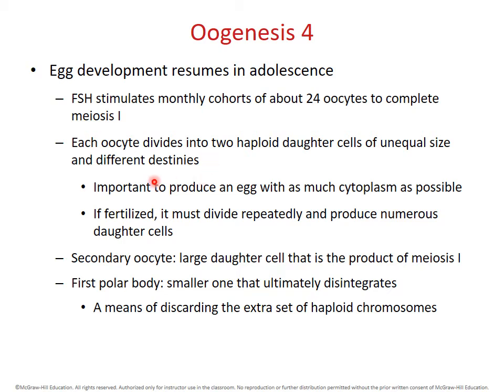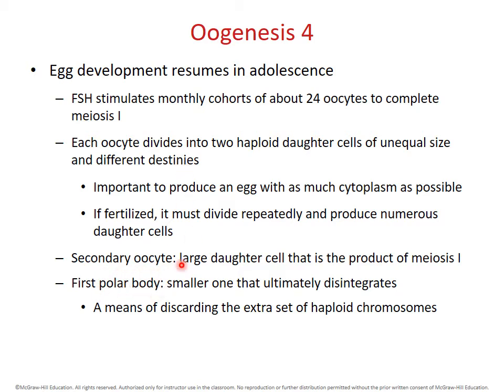And so in order for a zygote, a fertilized egg, to have a chance, it has to be a fairly large cell with resources. And so the female can't afford to have an even division of the primary oocyte, because that will produce two cells that are, while bigger than polar bodies, not big enough each to provide initial support for the zygote.